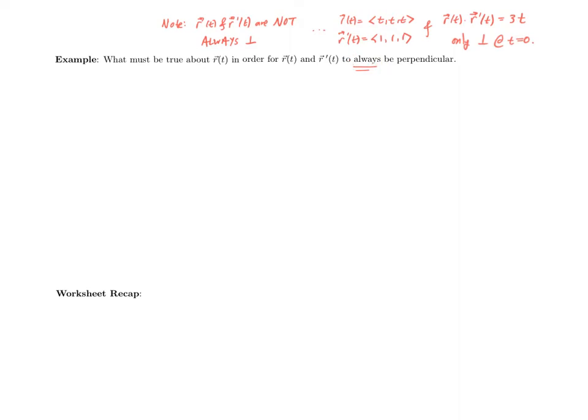So what would it take in order to make that be true? Let's start off with what we would have to have happen. If r of t dotted with r prime of t is equal to 0, what can we do with this? The reason I'm making this assumption is that r and r prime are perpendicular.